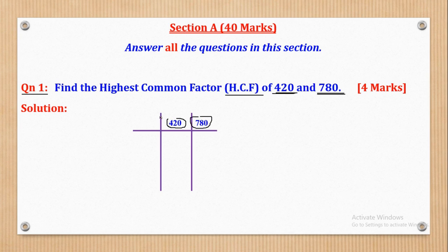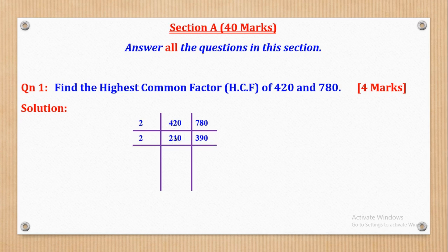The product of those prime numbers will be the highest common factor. If you look at 420 and 780, 2 can divide both of them. When 420 is divided by 2 you'll come up with 210, and when 780 is divided by 2 you'll come up with 390. In this case 2 can still divide both numbers.